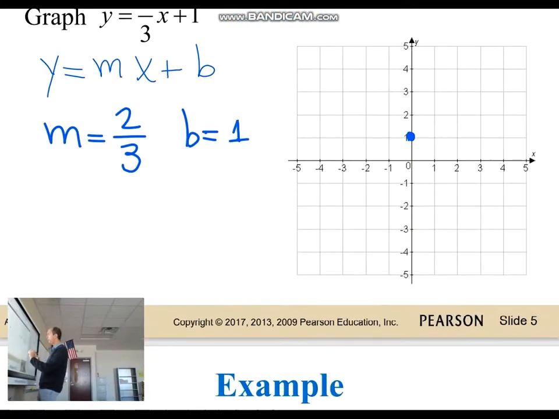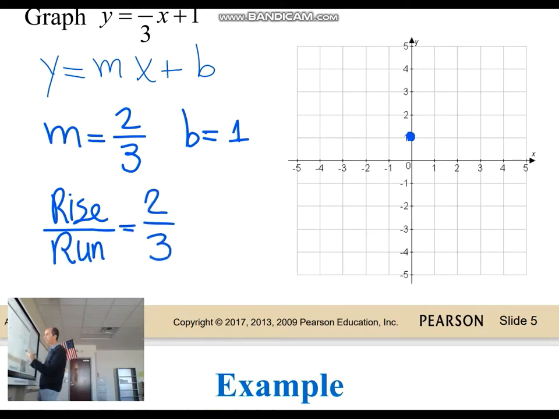So let me write here, rise over run equals 2 over 3. So from this point, we're going to run 3 units, and rise 2 units and find the second point.